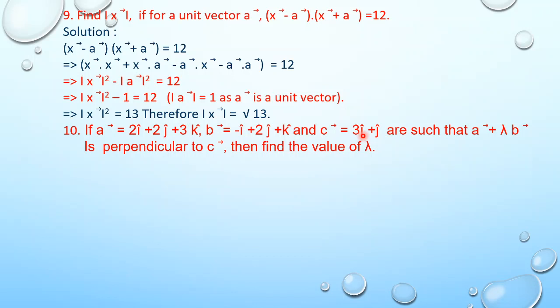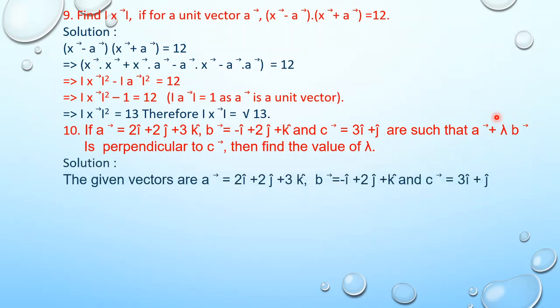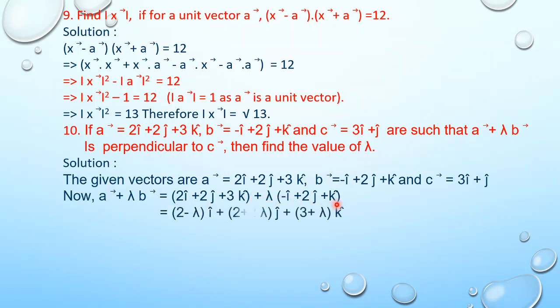Okay, so our first job is to find out the vector A plus lambda into vector B. Let's find it out. So vector A is this one, vector B is what they have given, and vector C. First we need to find out vector A plus lambda into vector B. Just substitute the values and collect the coefficients of i, j, k at one place.